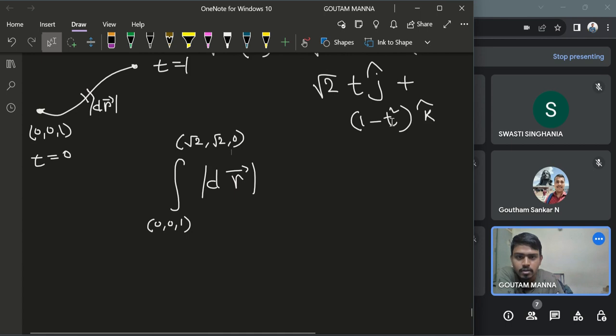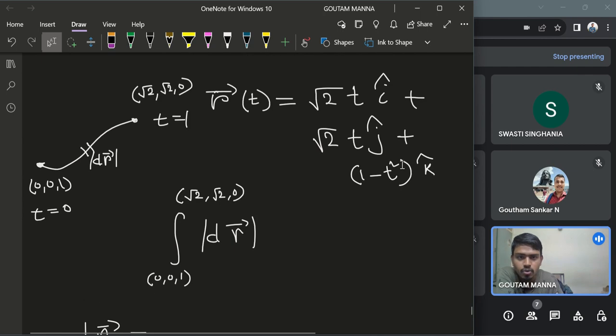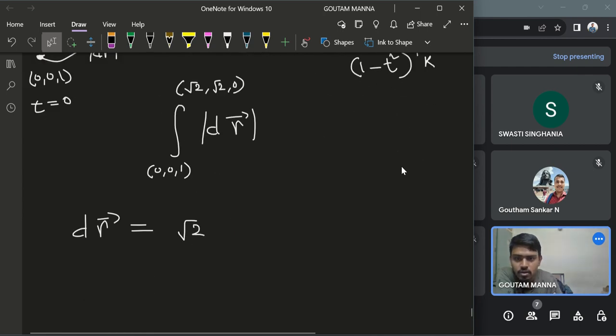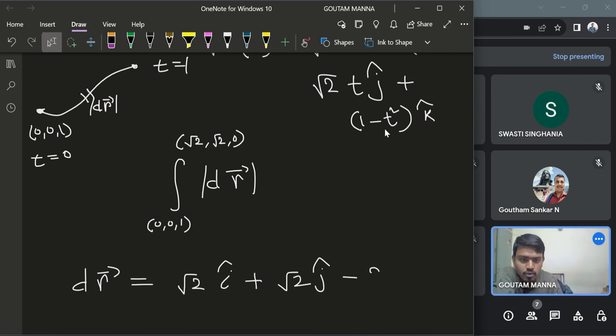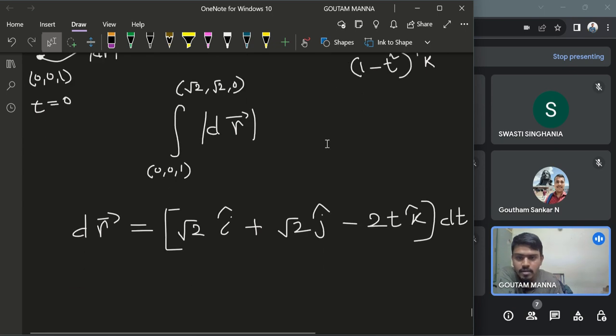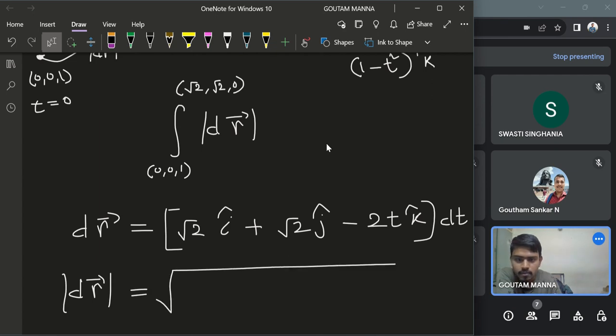Since every term has dt, I put dt outside, so dr is (root 2 I cap plus root 2 J cap minus 2t K cap) dt. Then mod of dr is root of 2 plus 2 plus 4t square, dt.